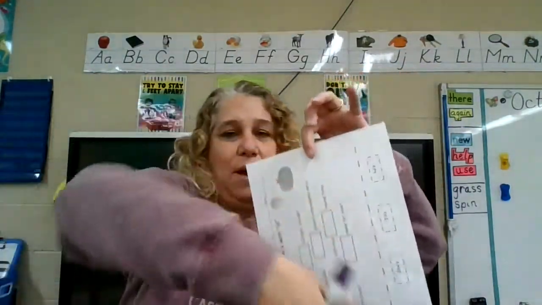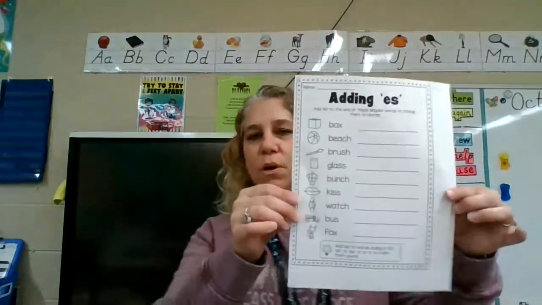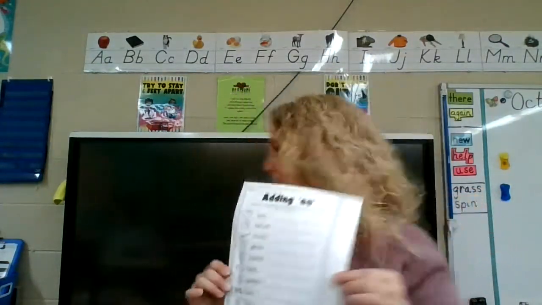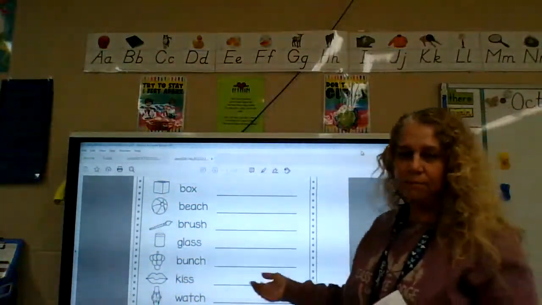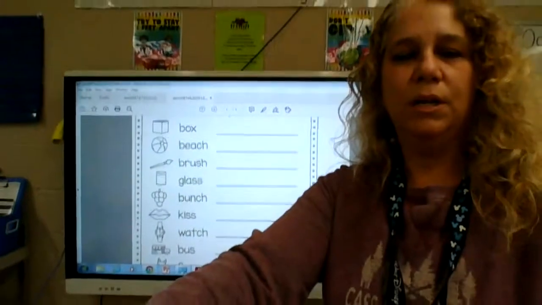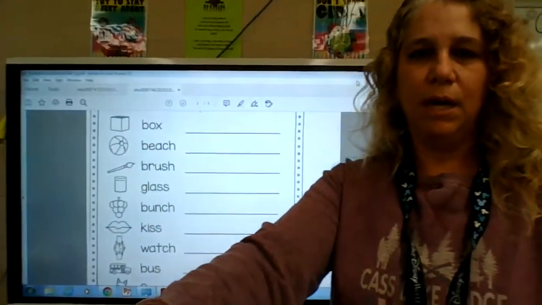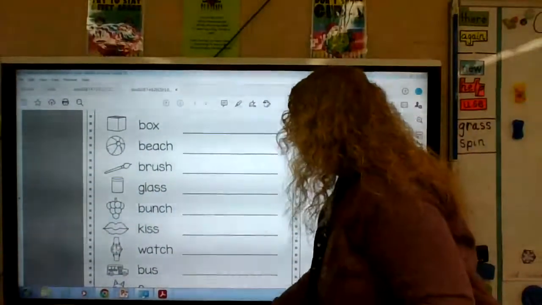I meant for this side to be the other way around, so it would cut off this side, but it didn't work that way. So we have to cut off our pictures. So we're going to do this side first, and I have it up here. Now this is that one thing on my smartboard that doesn't always work for me. We'll see.